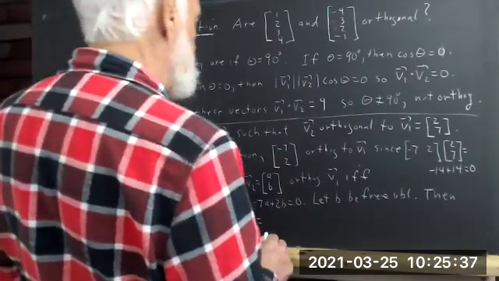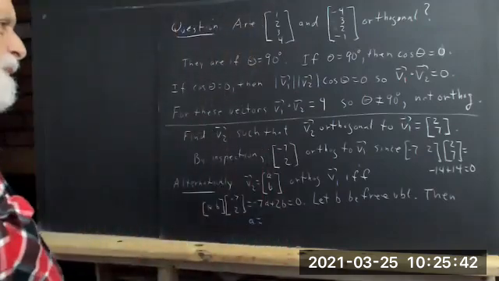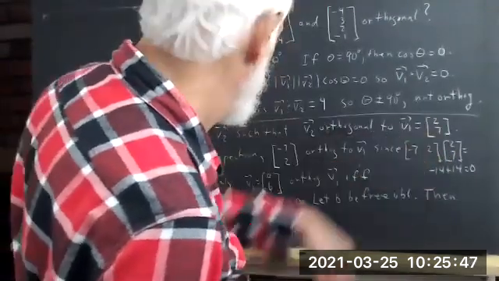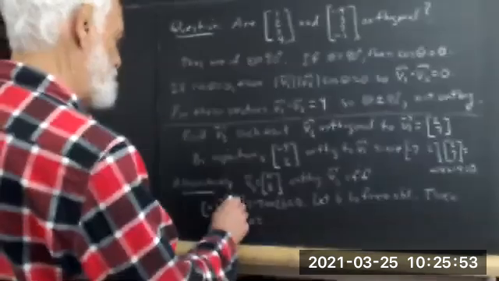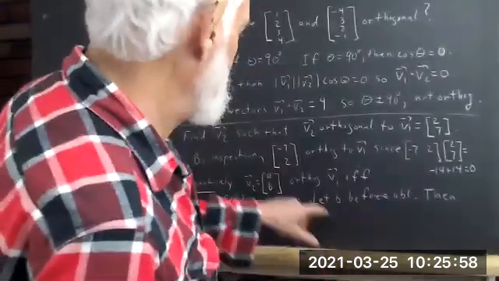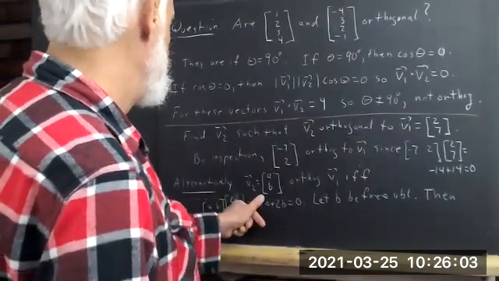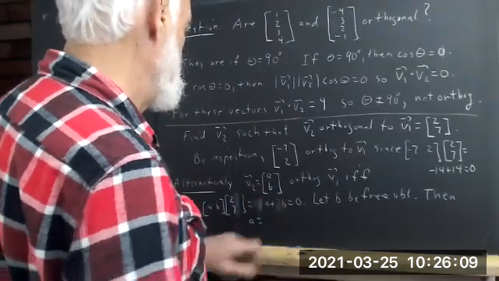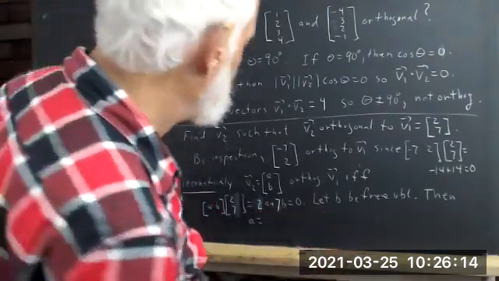Okay, then A equals... something's wrong here. This vector is 2, 7, not negative 7, 2. I wrote down the wrong vector here. I wrote down this vector instead of this one. So I'm going to get a little sloppy here, but it's going to be 2A plus 7B equals 0.